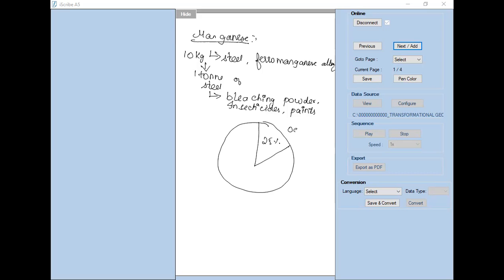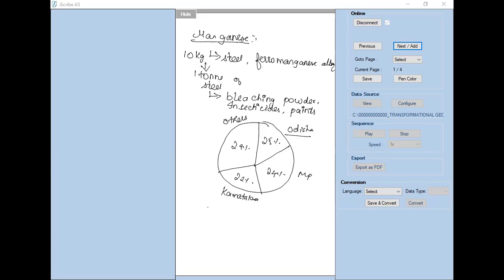They have 25 percent, Madhya Pradesh has 24 percent, Karnataka has 22 percent, and other states have 29 percent. Odisha is the largest producer of manganese. In Odisha alone, we have 1/3 of the total country's production.